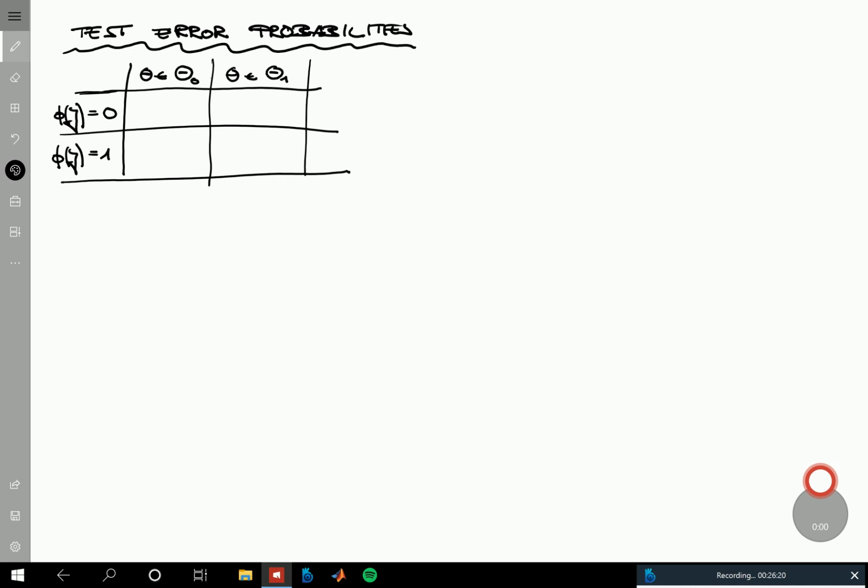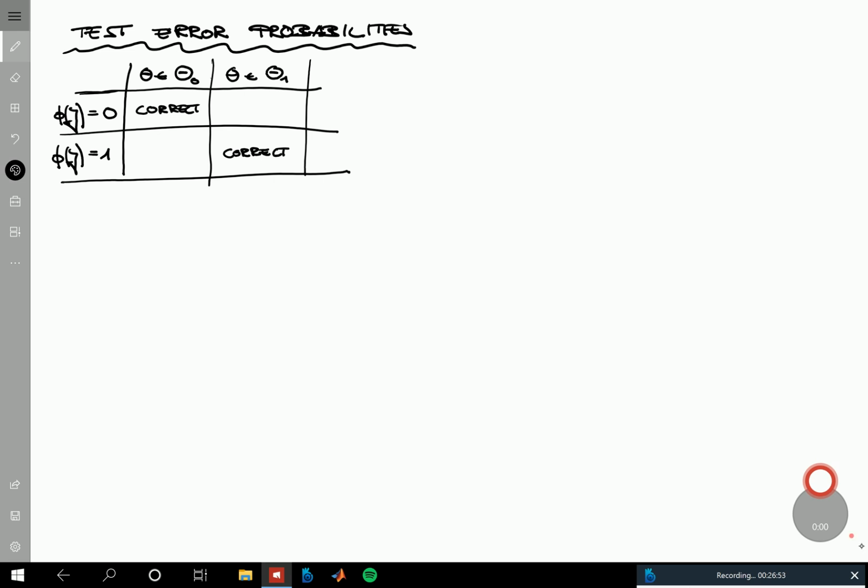Then there are two cases where things are fine. If the null hypothesis is true and the null hypothesis is accepted, that's a correct decision. Same if the alternative hypothesis is true and the test rejects the null hypothesis. And then you can have these two errors.